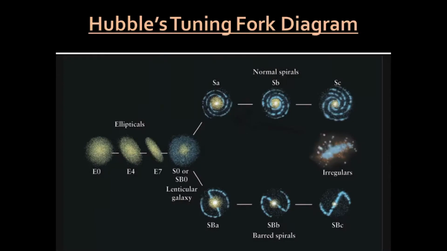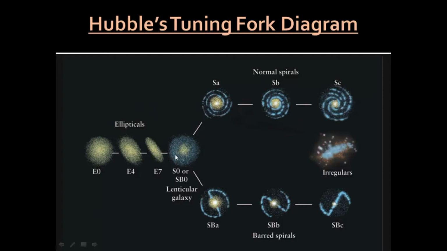Between the ellipticals and the spirals, sometimes we have what we call lenticular galaxies. This is a chart of the Hubble classification of galaxies, called Hubble's tuning fork diagram. You can see the elliptical galaxies, and then it branches off into the spirals and the barred spirals.